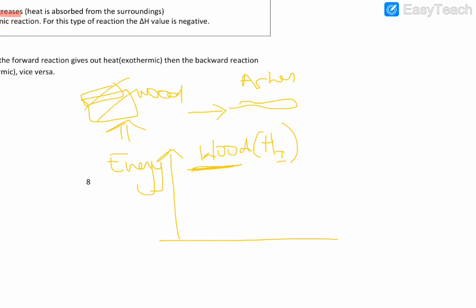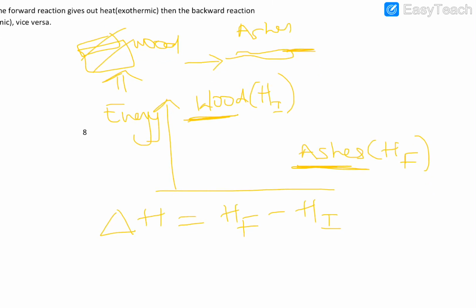So now there is very little energy in the ashes, so ashes have less energy, so let's say H final. The change in H, which is delta H, where delta is a symbol used for change, is final H minus initial H. Since the final energy has a low value, delta H becomes a negative value.